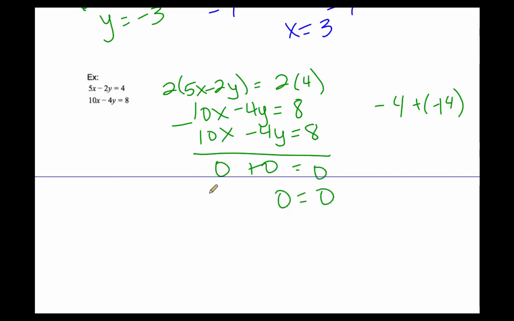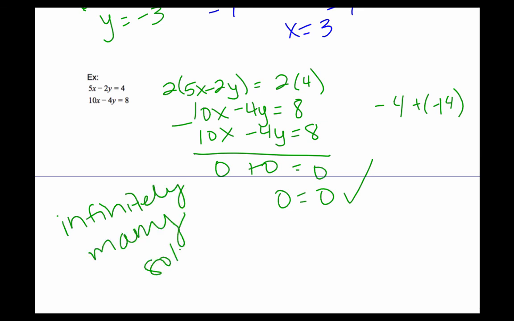So my variables are both gone, but is my statement true? Does 0 equal 0? Yes, it does. So what does that mean our answer is? That means our answer is infinitely many solutions. Okay? When our variable disappears and we come out with a true statement, it's infinitely many.